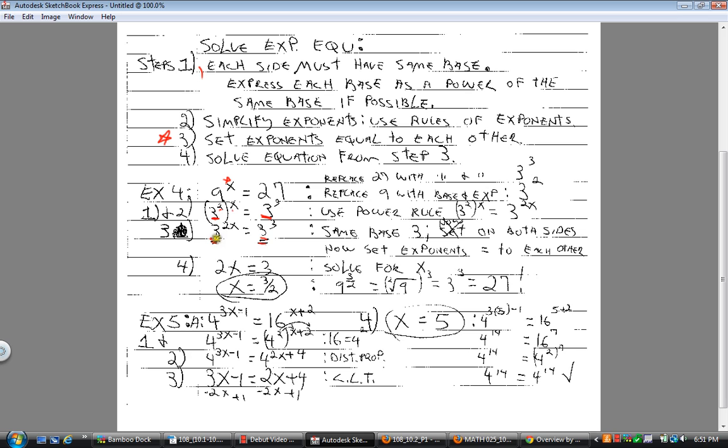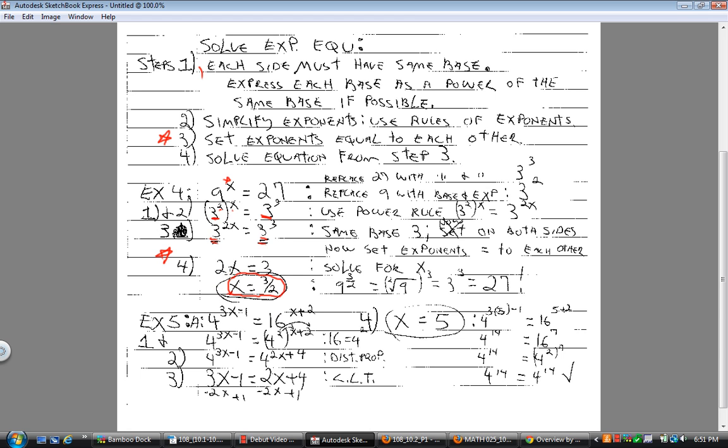Now you forget about the bases and drop the exponents down: 2x equals 3, and you solve it. This step is a little new to us. We're not used to just dropping the bases, but because the bases are the same, the exponents have to be equal. So you take 2x equals 3, divide both sides by 2, and you've got x equals 3/2. There's your first answer.